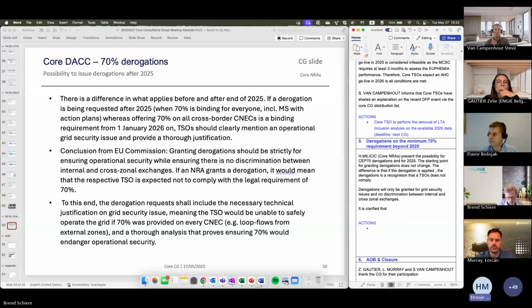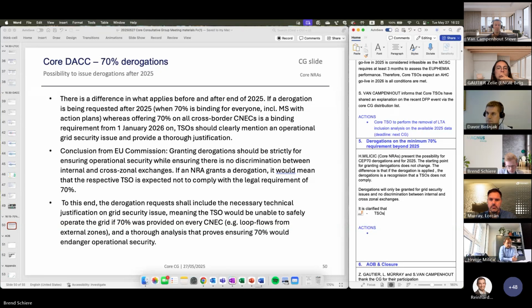Just a quick response. Yes, if TSOs would like to issue derogation or send a request, of course, for derogation, they should present a tariff analysis. It is what was also currently being done in the core region. And also one part of this request or this documentation is how to present the mitigation measures for it.